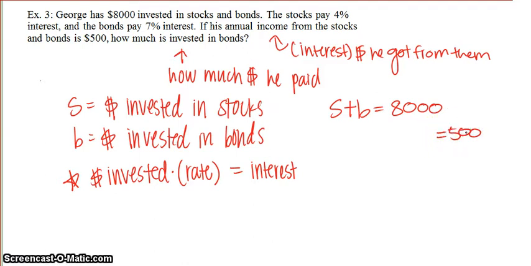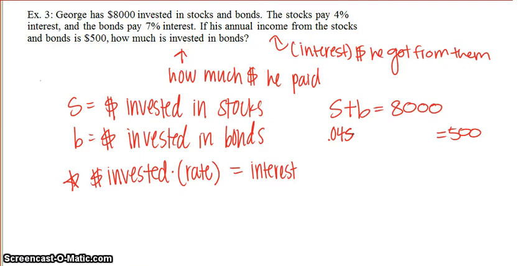How much money did he get from the stocks? Well, the stock gives you 0.04, which is 4% for stocks, and it's however much money he put for the stock. So if he put $10,000, you would do 10,000 times 0.04, and that would be how much money he got as interest.